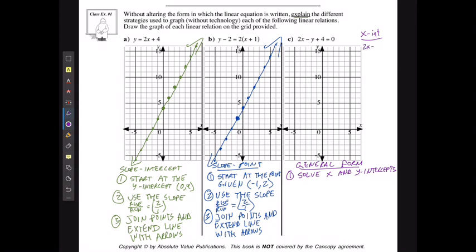If 2x minus 0 plus 4 is equal to 0, then 2x plus 4 would equal 0, 2x would equal negative 4, and x is going to equal negative 2, which means that my x-intercept is going to be 1 point at negative 2 and 0. So I'm going to find that point, negative 2 and 0, and it's going to be right here.